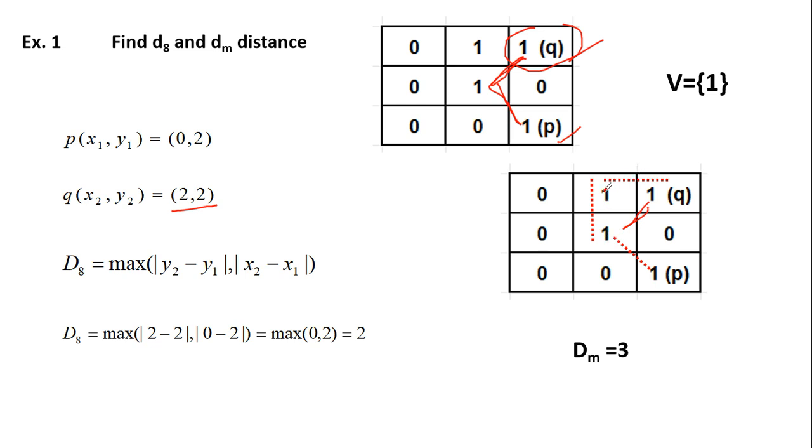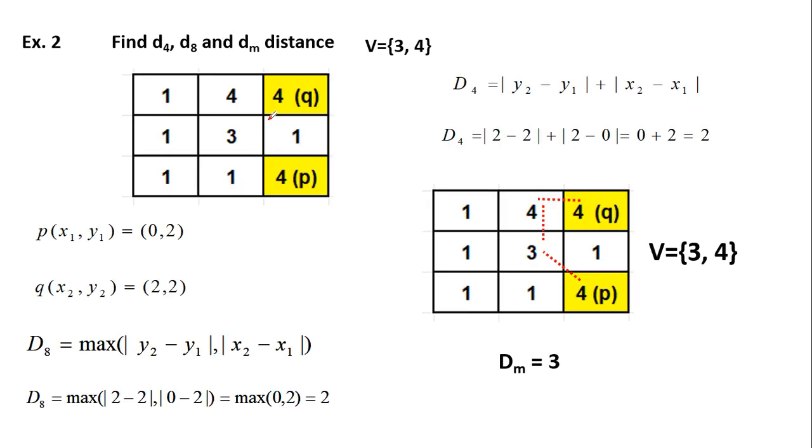So they have a common 1 element. So we are not taking this path, but we are going like this. After that we are going this way, and here we can go diagonal because their intersection contains 0, but 0 is not part of V. So this path is okay. So the value is 1, 2 and 3.